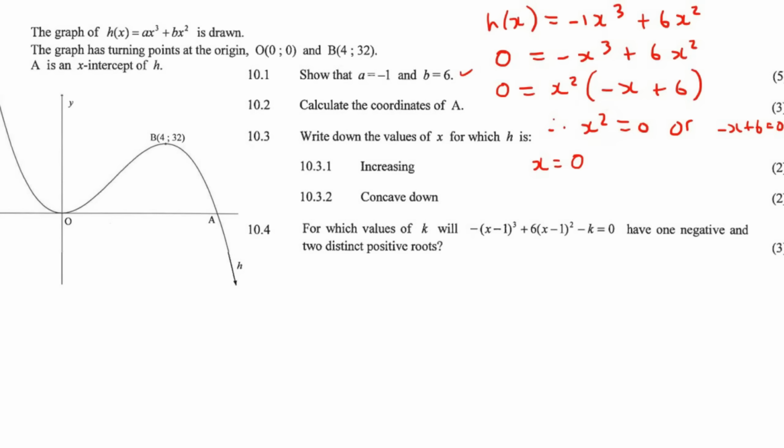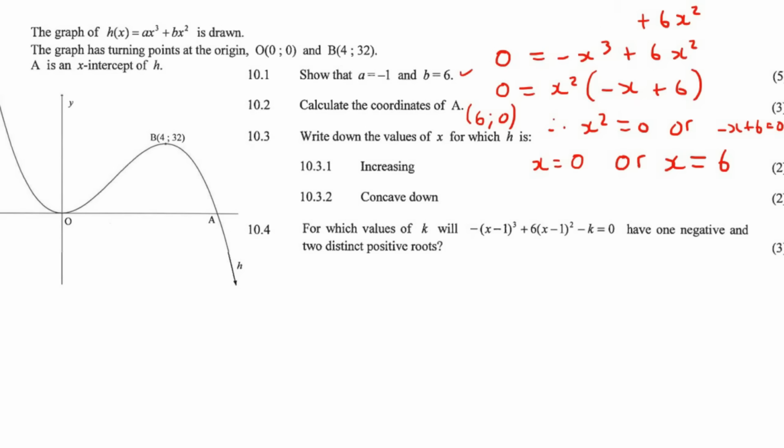Because it's x squared, so it's two answers, and that's why we're getting a turning point there. So when you get a turning point, which is also an x-intercept, it means that there are two of them. So just remember that for future types of questions. And then, or x is equal to 6. Okay, so the coordinates of a would then be 6 and 0, because the y value is obviously 0, because it's the x-intercept.